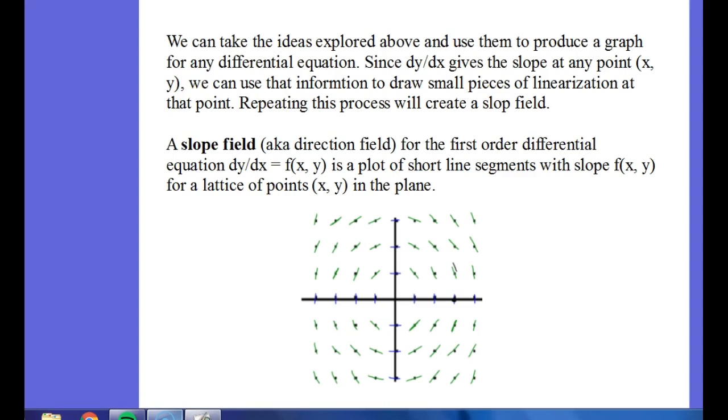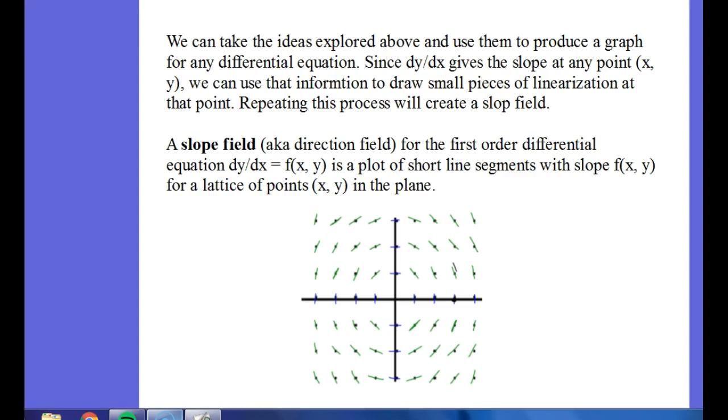So we can take the ideas explored above and use them to produce a graph for any differential. Since dy/dx gives the slope at any point (x, y), we can use the information to draw small pieces of linearization at that point. Repeating this process, we will create a slope field.